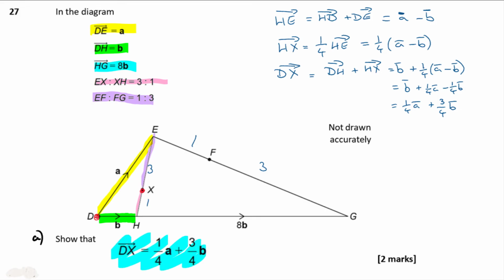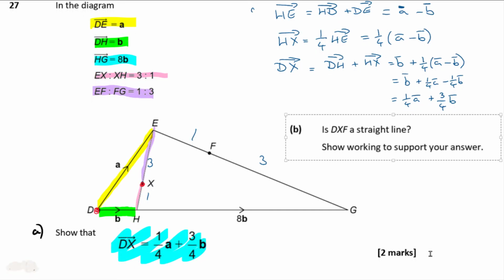There it is down there. So 1/4 of A plus 3/4 of B. Good, we're done. So that was my workings for part A.